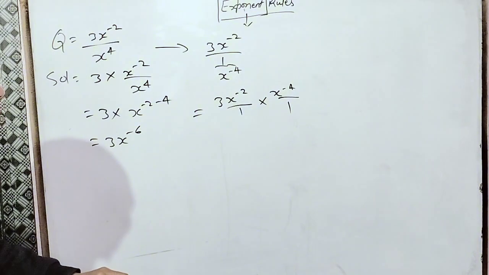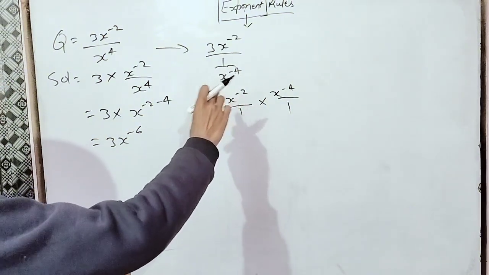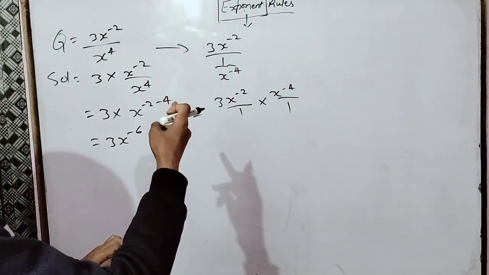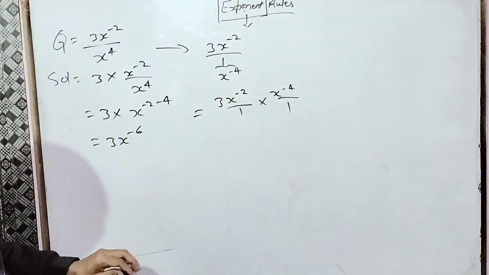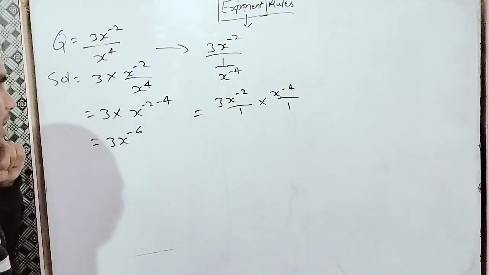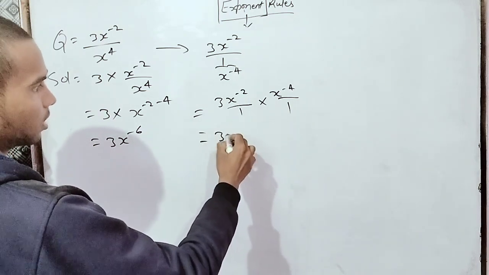Can we write it? When we write the denominator like that, then we change the position of the denominator and numerator. Clear? Now we have 1 there.